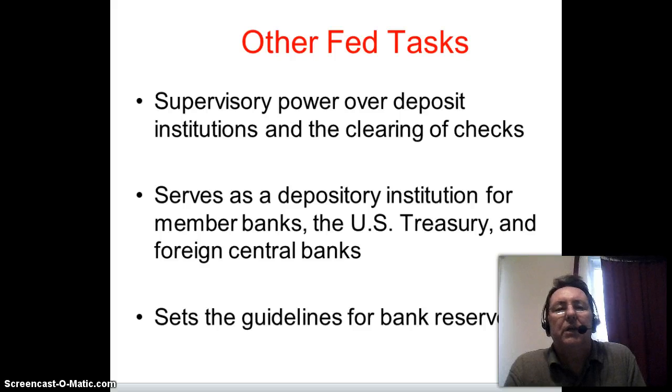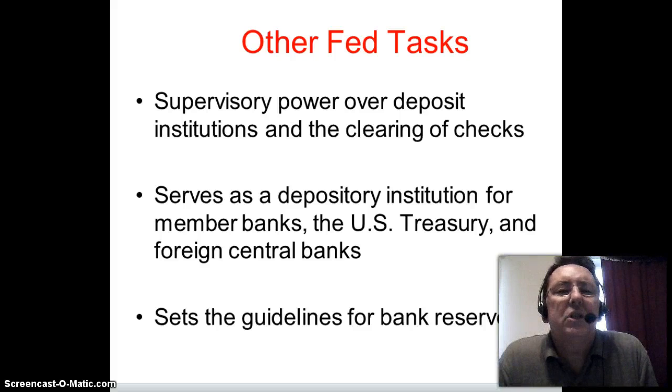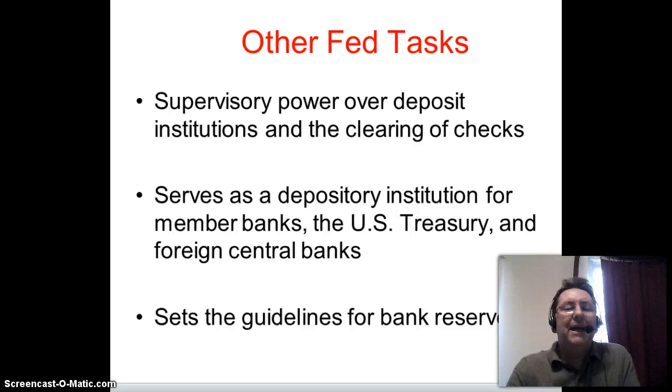Pretty ominous thing when you think of it. The Fed serves as the depository institution for member banks, the U.S. Treasury, and foreign central banks, and it sets the guidelines for bank reserves, which are like cushions that banks hold just in case depositors come knocking on their door to get some of their deposit money back.